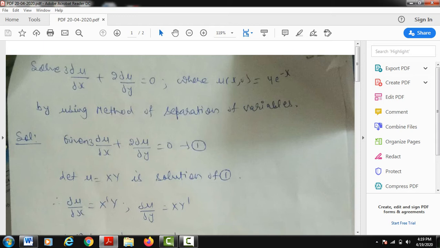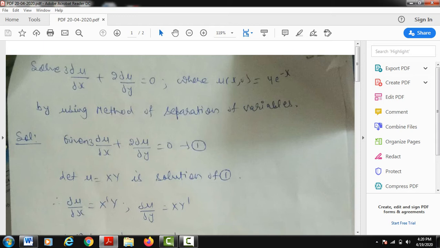Since the independent variables are independent, both sides will be equal to some constant. Usually I take the constant to be negative. Why have I taken it negative? Because we have done so many derivations, and in those derivations we take k equal to minus b square.